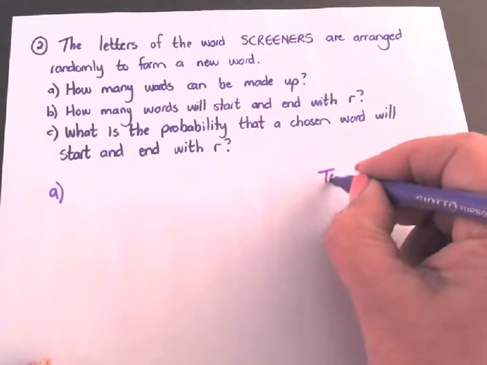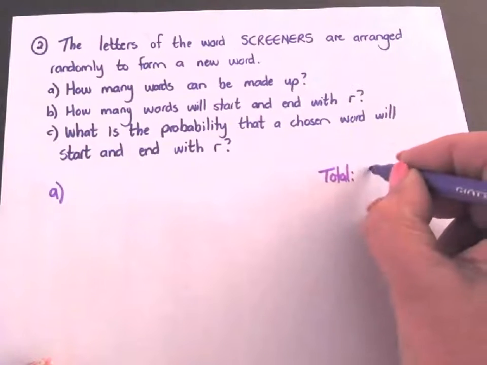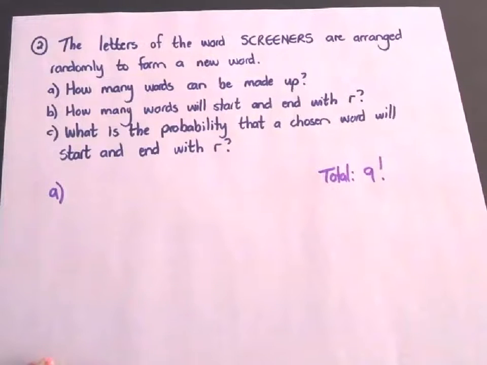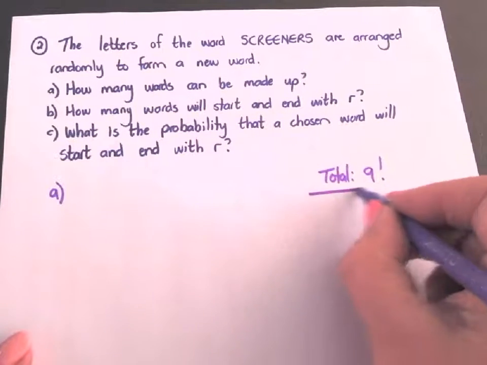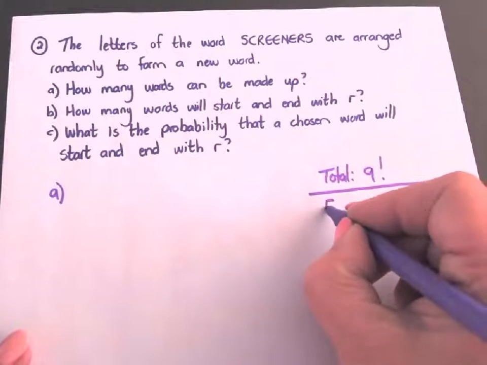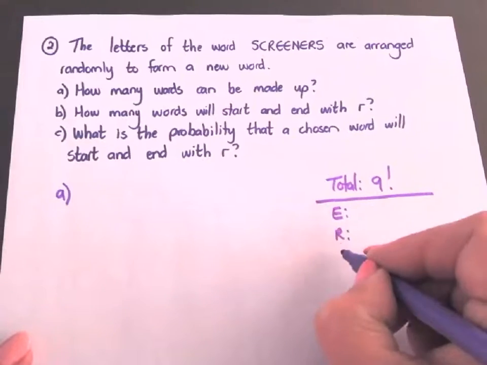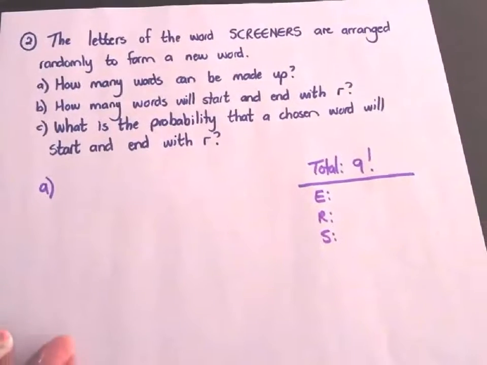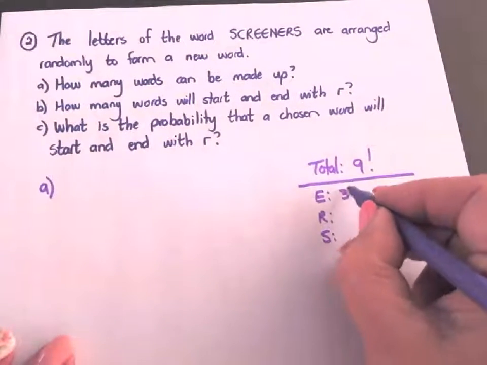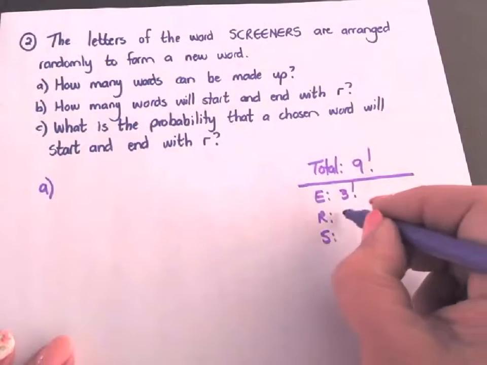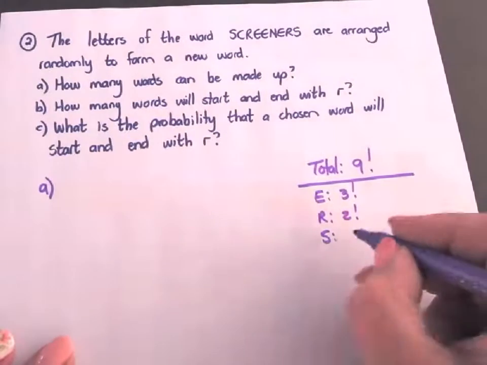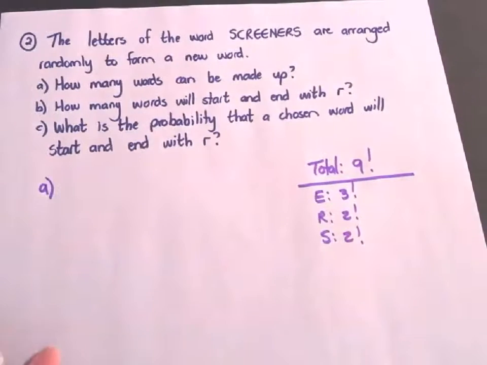So in total, we have 9 letters, so it's 9 factorial. Are there any repeaters? Yes. Which ones? E and R and S. How many E's are there? 3. R's, 2. S's, 2. So, what is the total number of arrangements?